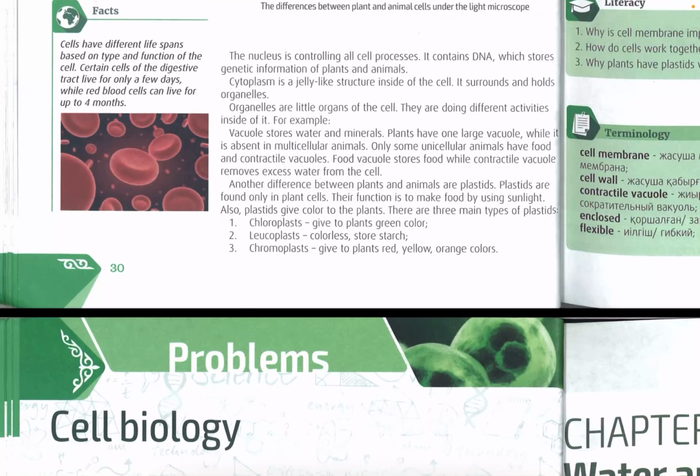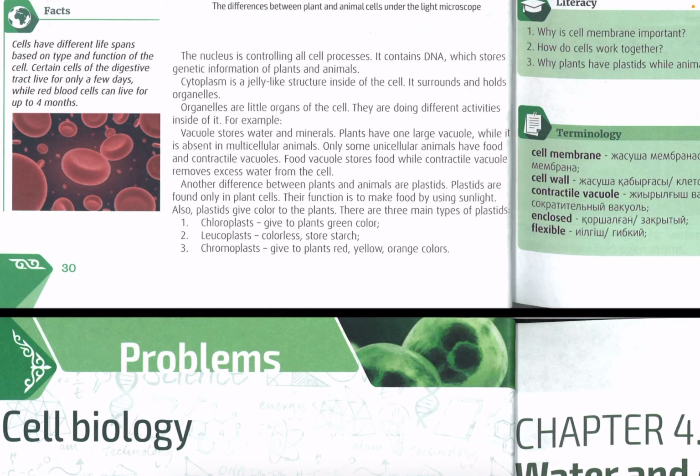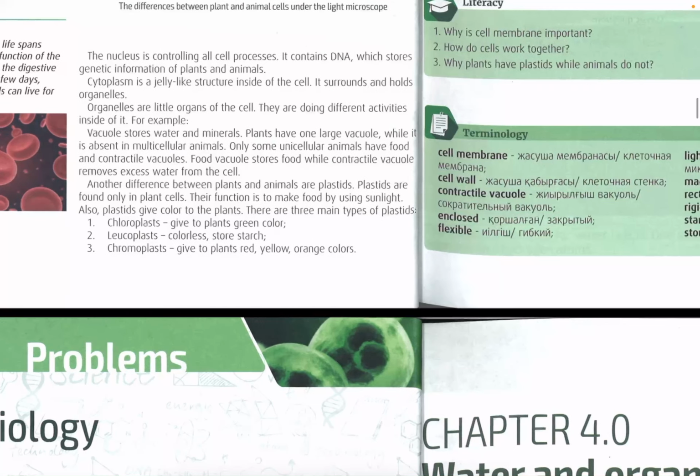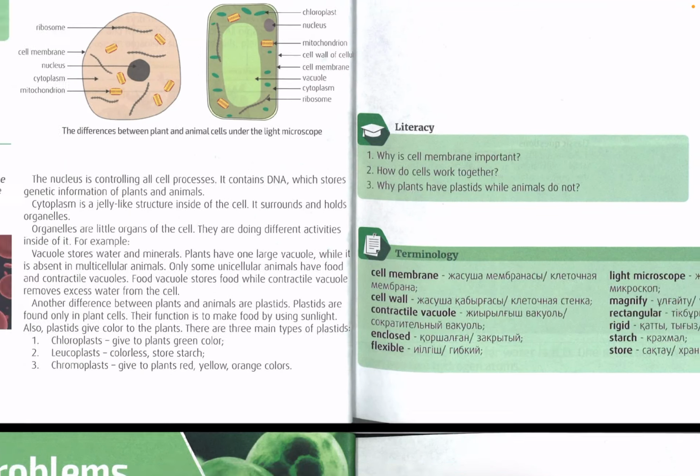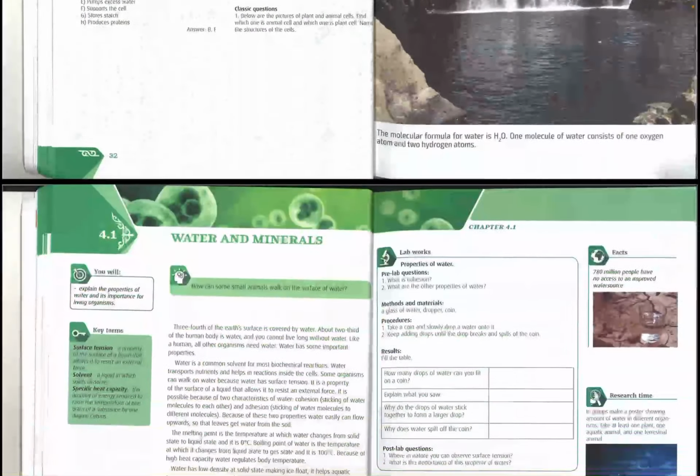Там, скажем, пластид, it's an organelle which can give the color to the cell, as well as it is necessary for photosynthesis. So you need to memorize that chloroplast gives green color, leucoplast is colorless, it's necessary for storing starch, and chromoplast is necessary to give the plant different colors like yellow, orange, which you can see in the autumn time in our country.